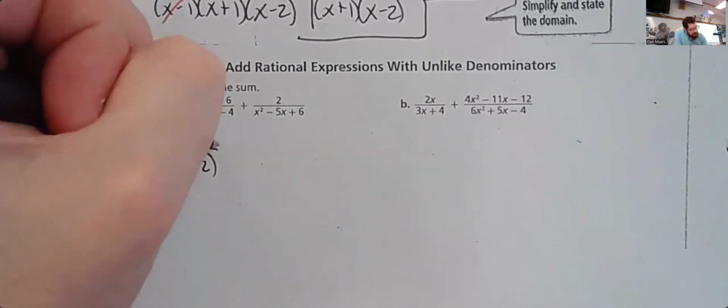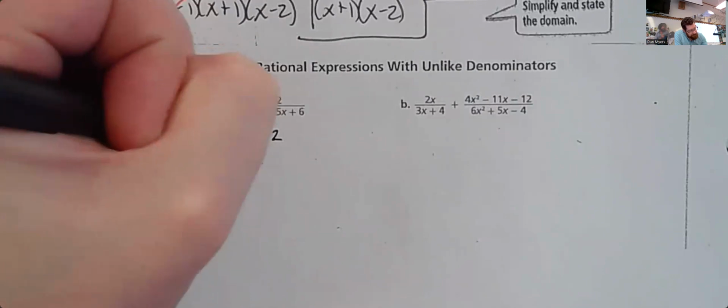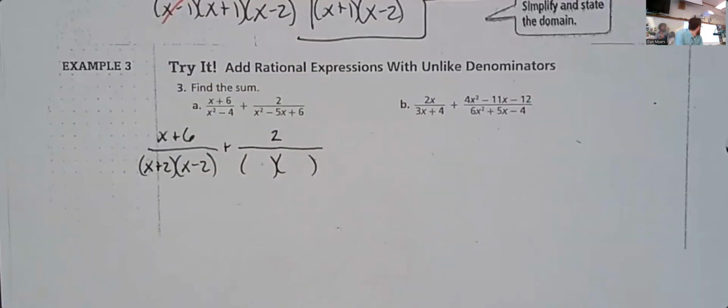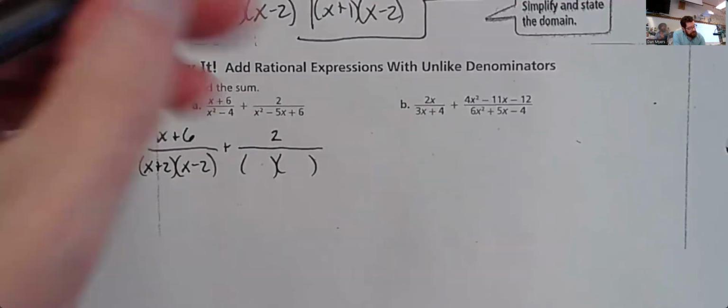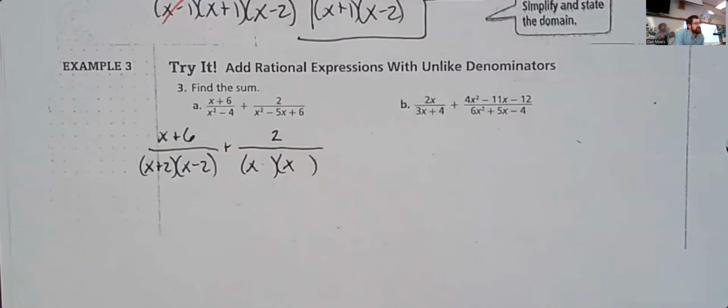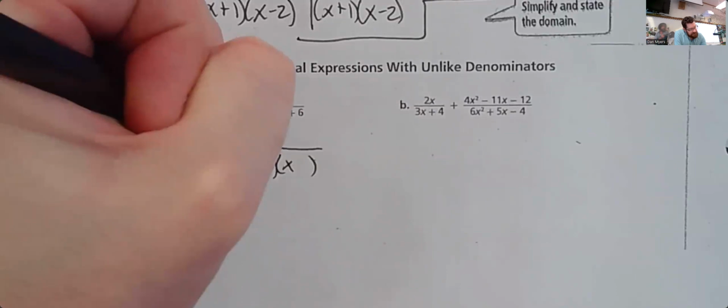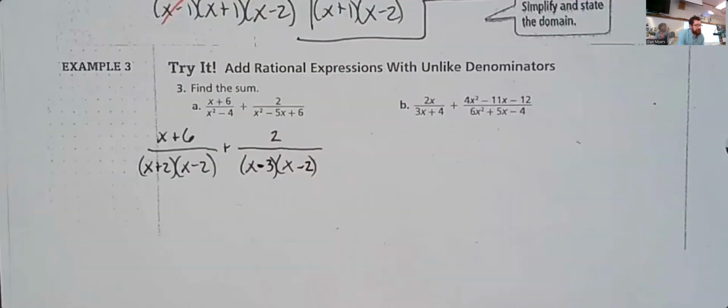Nice. Plus 2 over another binomial here. Go ahead, set x there, x there. What are our two factors that we're going to use in those binomials on the denominator for factoring? 3 and 2, both negative? Yeah. So x minus 3 times x minus 2.